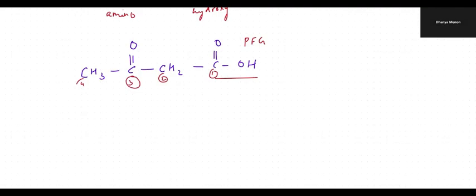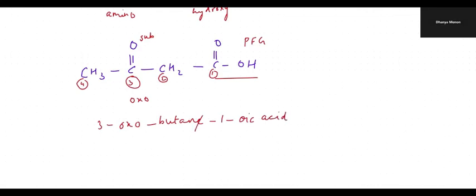So ketone has become our substituent. When ketone becomes a substituent, we use oxo. So at the third position, I have oxo. Keto also you can use. 3-oxo, there are 4 carbon atoms, so but, and all single bonds, so butane, first position, oic acid. You may or may not mention the first position, and I am removing this E because E and O are coming near each other. I hope I am clear here.